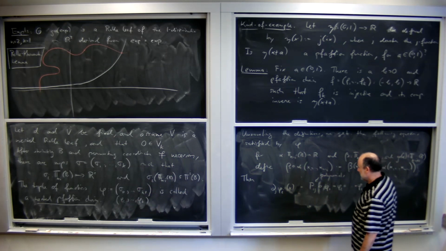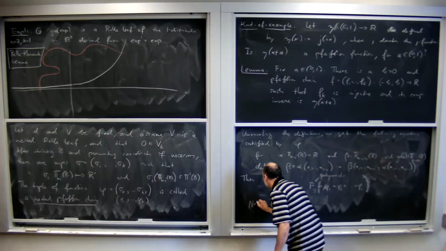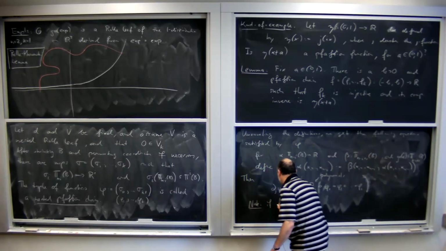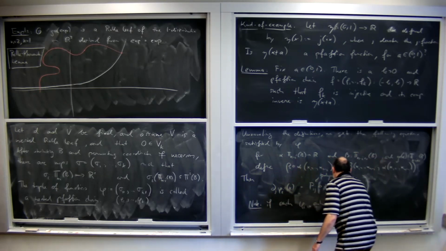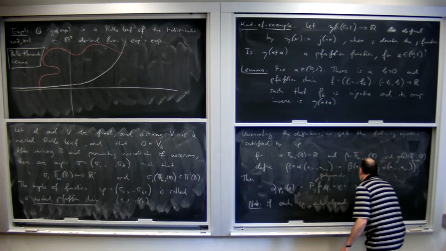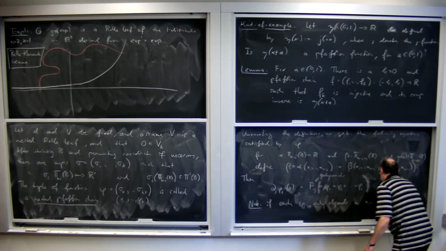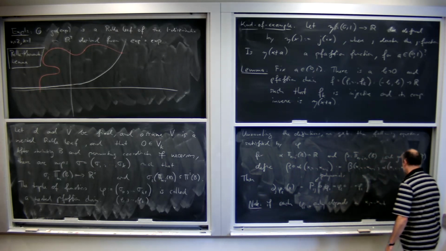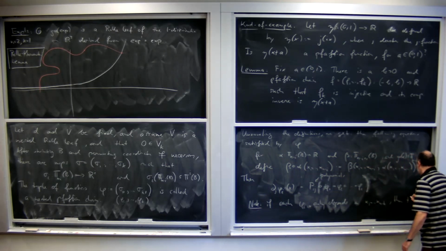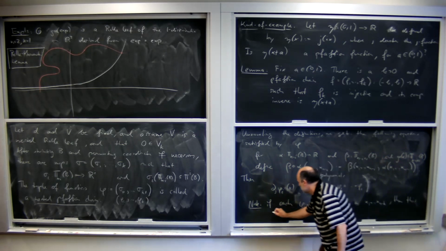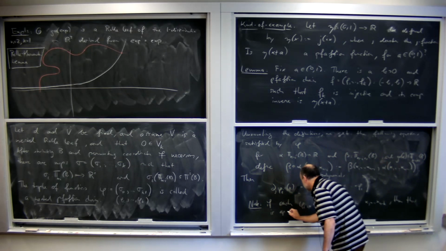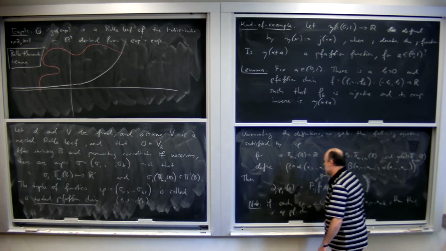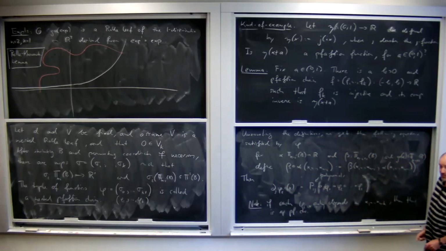Right? So if each pi only depends on x1 up to xn minus k, then this is a Pfaffian chain. These are exactly the equations for Pfaffian chains in that case. So this notion does generalize Pfaffian chains.